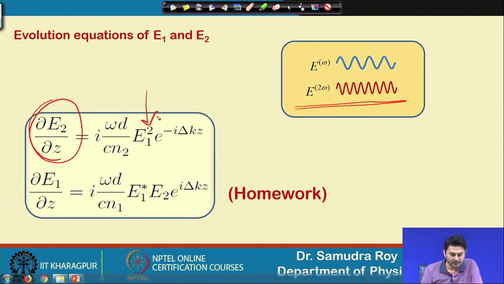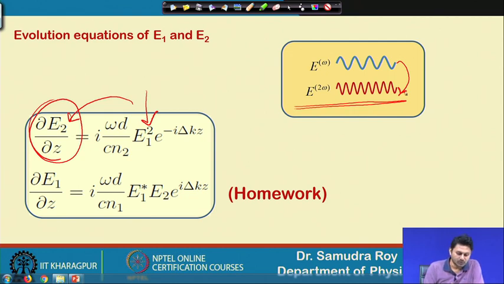So, the fundamental wave is used as a pump that gives rise to the wave having a frequency 2 omega. So, from here we have the energy, so that I will have some kind of electric field in the 2 omega wave.